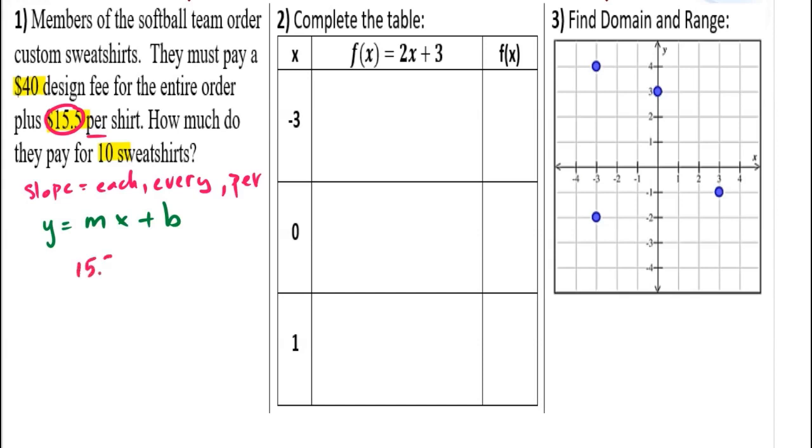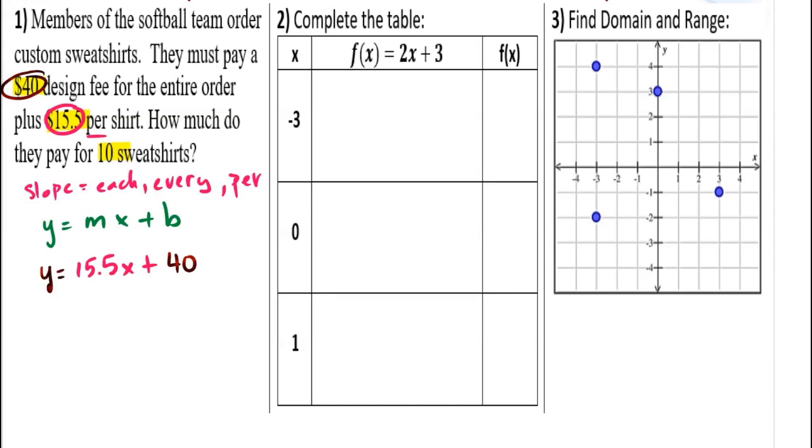So that will be 15.5x plus b, where b is the beginning. The initial fee that they're going to charge you is $40 for the design fee. So the beginning fee is $40. And we're going to bring down y. So y equals 15.5x plus 40.